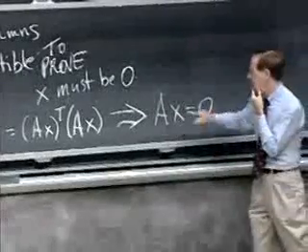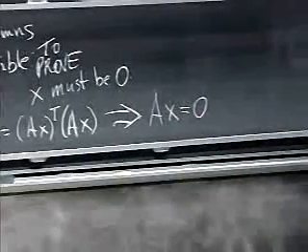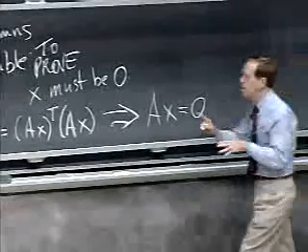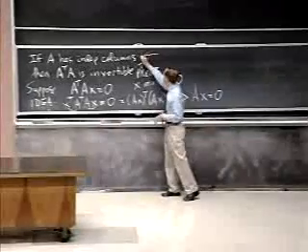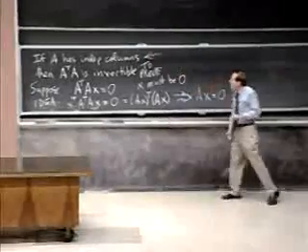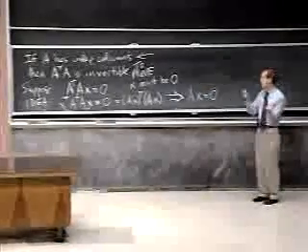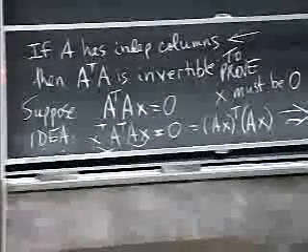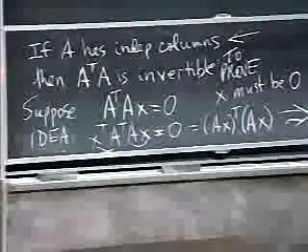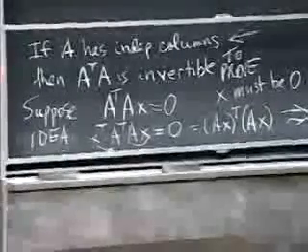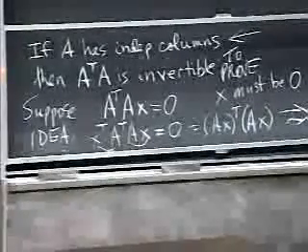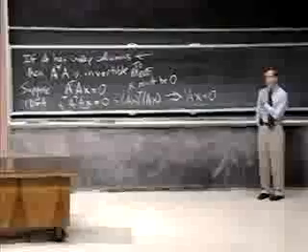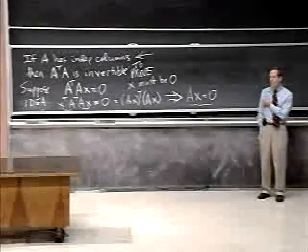Now that I know Ax is 0, now I'm going to use my little hypothesis. Somewhere, every mathematician has to use the hypothesis, right? Now, if A has independent columns, and we're at the point where Ax is 0, what does that tell us?